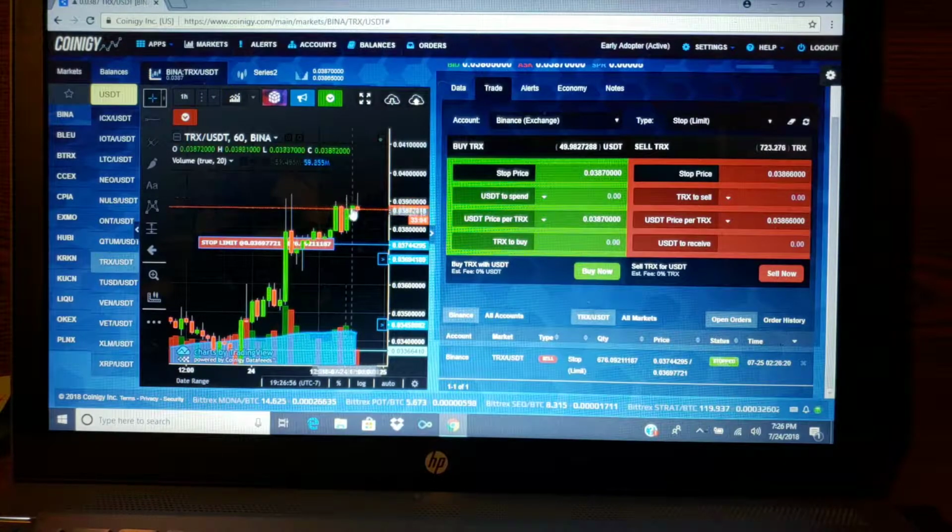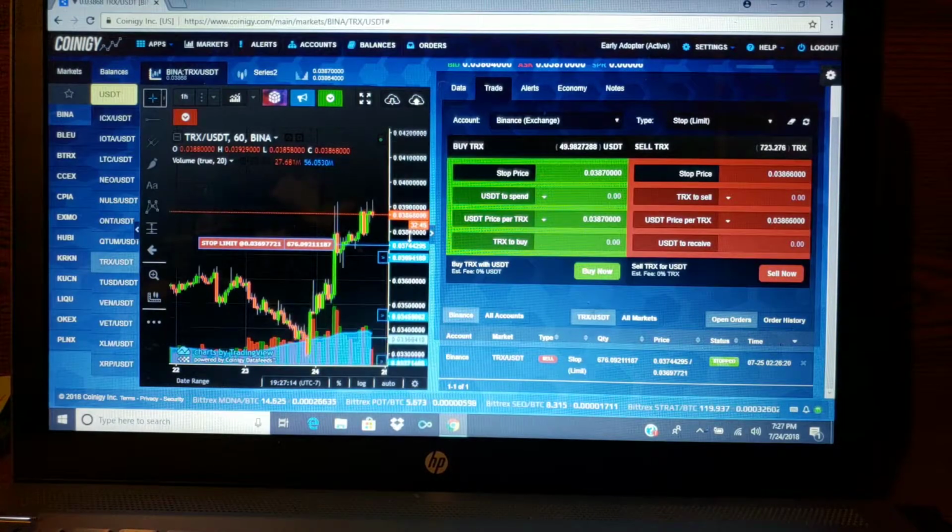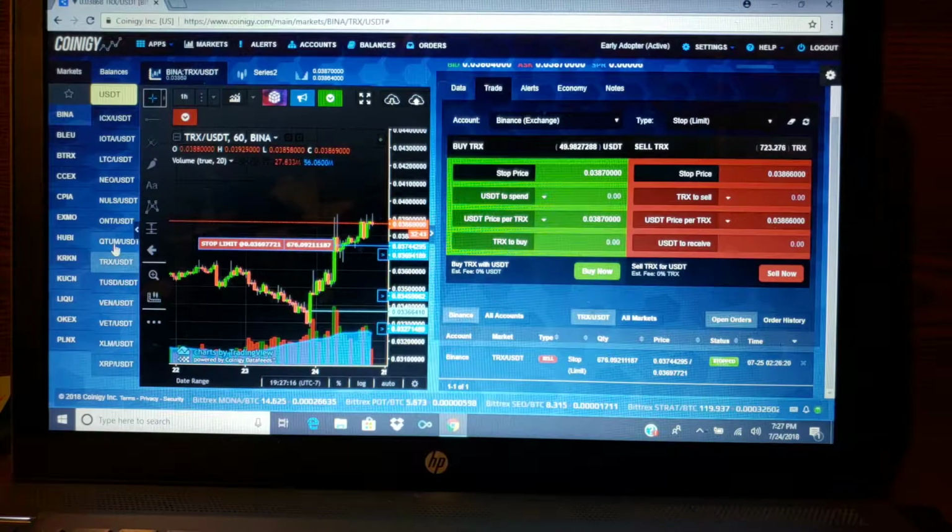So now while we sleep tonight, if it decides to come down, kind of like what we play our bases, right? If it comes down and it cracks through that trigger, Coinigy will get us out for, let's see, we might have to zoom in here a little bit.